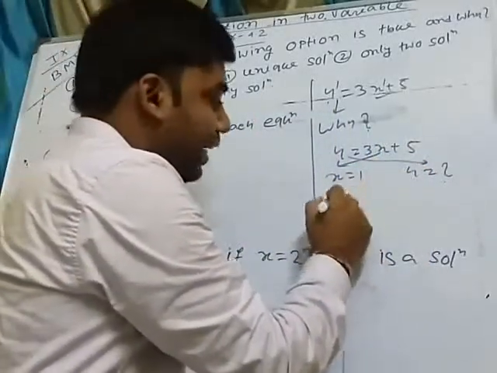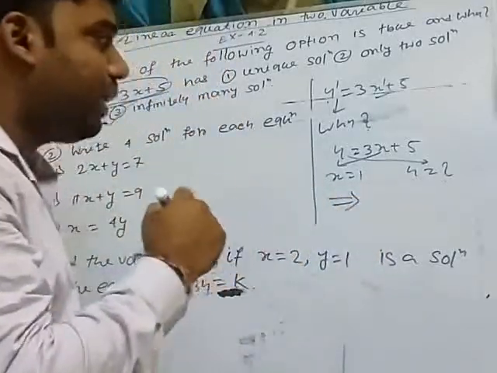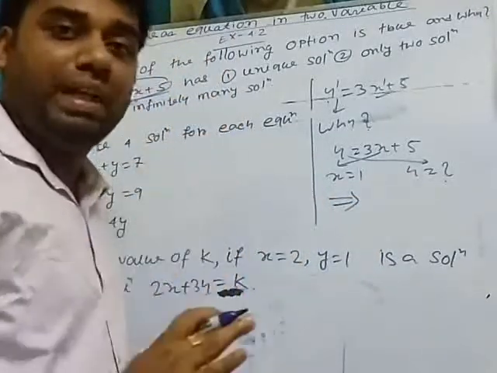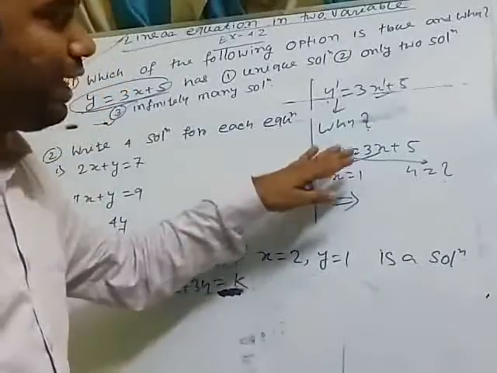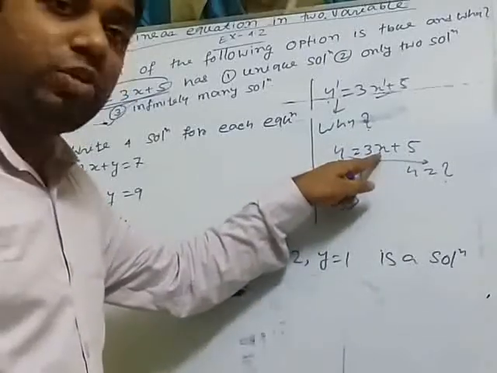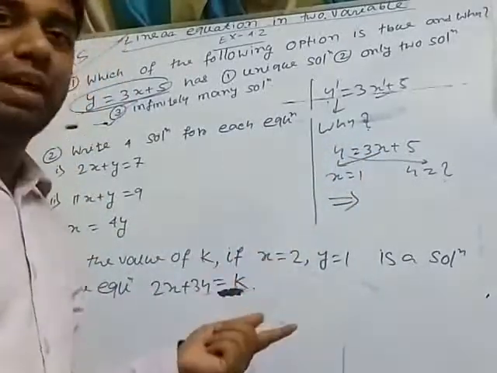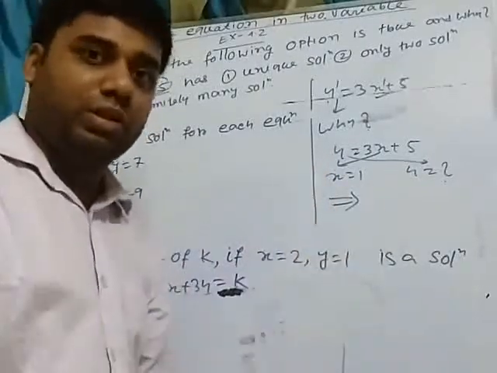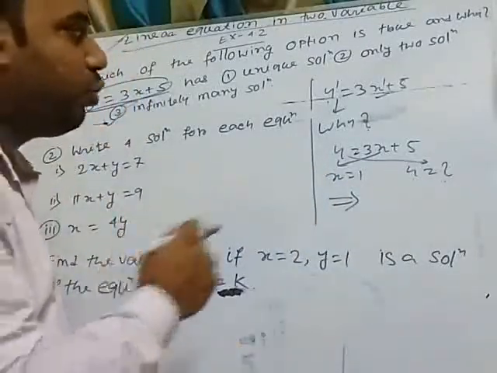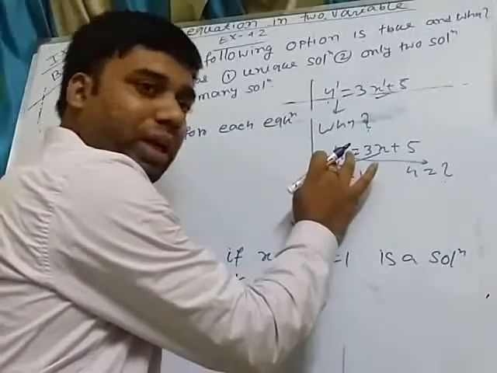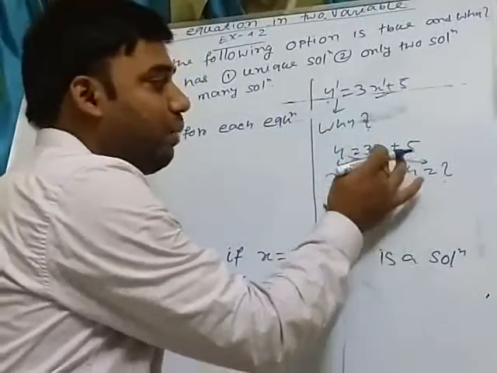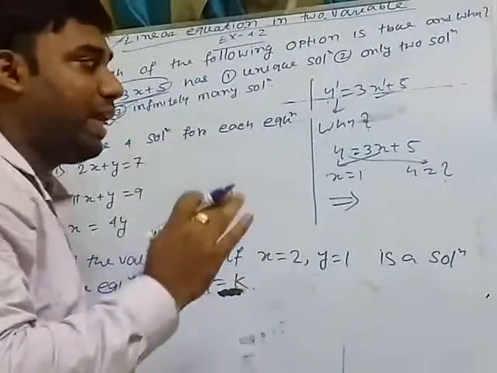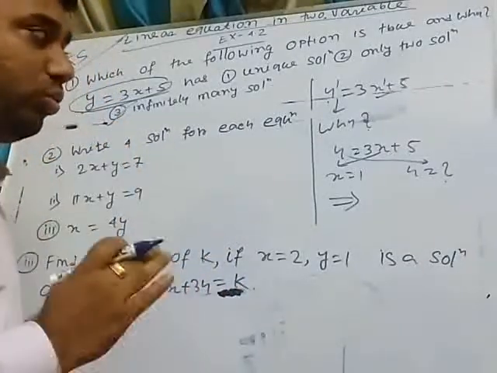That's why that equation has infinitely many solutions. As we put infinitely many numbers in place of x, we get infinitely many values of y, and vice versa also. Vice versa means if I put any number in place of y, we get the corresponding number of x. That's why it has infinitely many solutions.